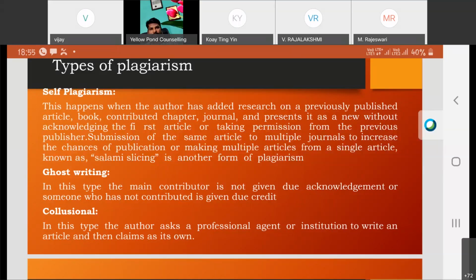Such plagiarism comes under ghostwriting. Then the next thing is collusion, which is also one of the types of plagiarism. Here, the author hires a professional agent or institution to write an article and then claims it as their own. This is also one type of plagiarism I would like to convey.